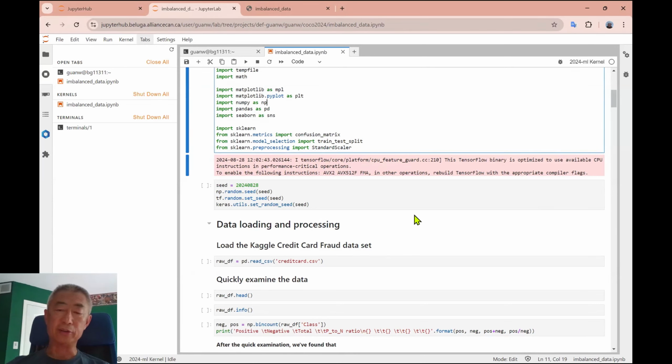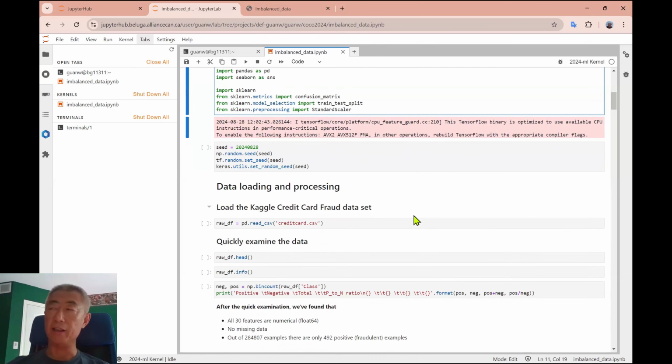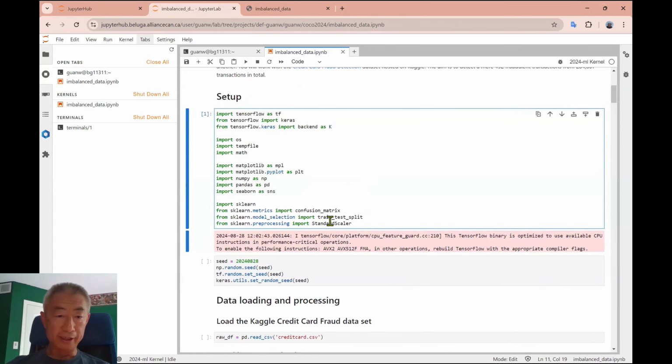The focus is on the different strategies we're going to employ to train on imbalanced data. So I'm going to experiment with those strategies, and so let's do it today.